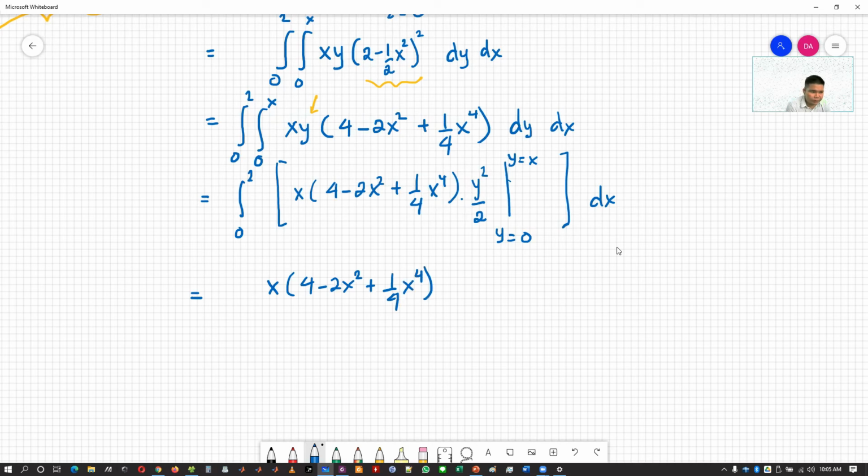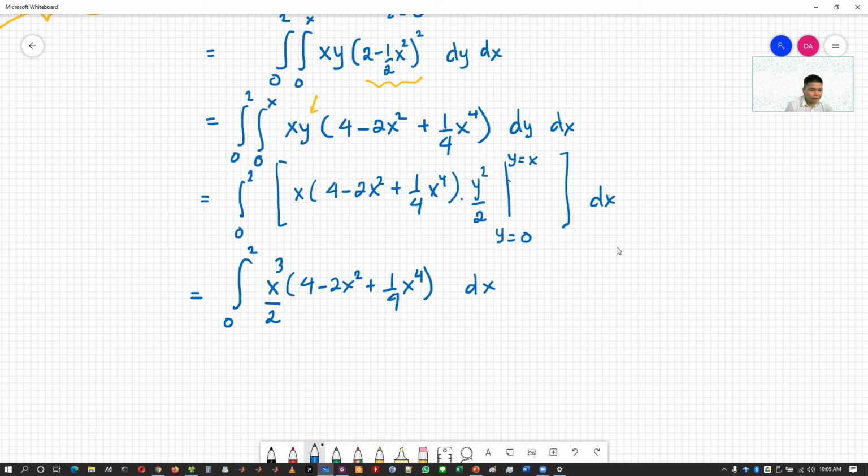We have x squared, then x to the power of 3, divided by 2. That's it, from 0 until 2. The y is 0, simply 0.